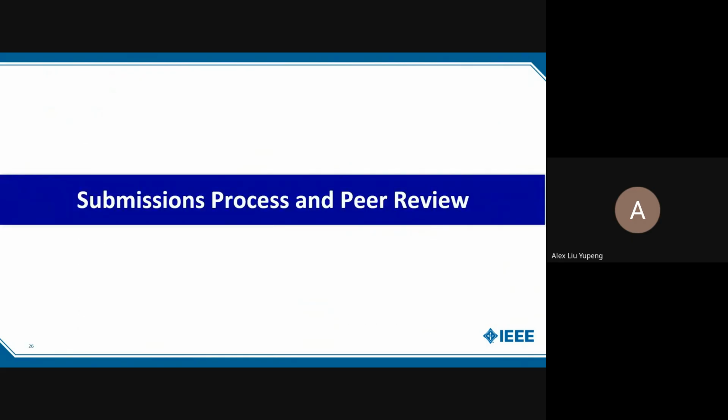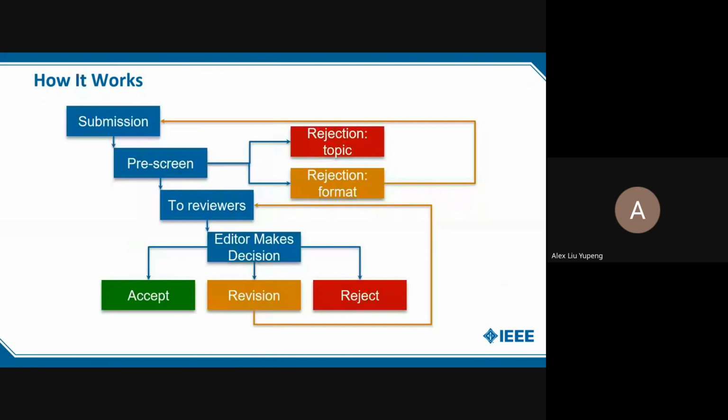I will talk about the peer review process first. Then we'll come back again to talk about the submission through a live demo. So this is the whole process from submission to publication. After the paper is submitted, there is a pre-screening, where they're not looking at the quality or accuracy of the research.